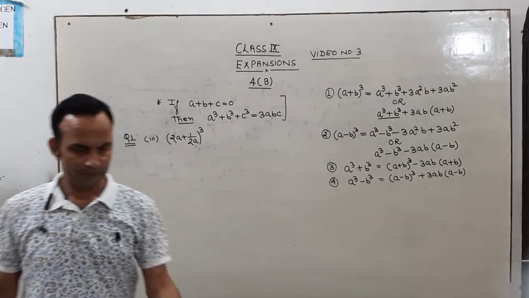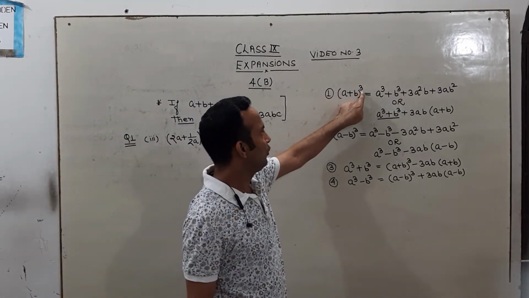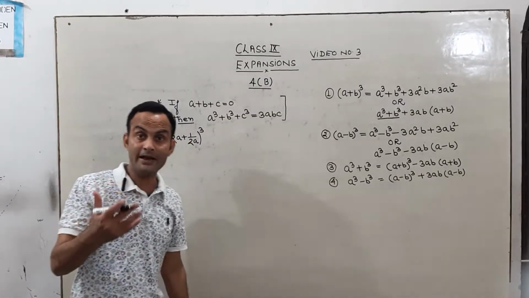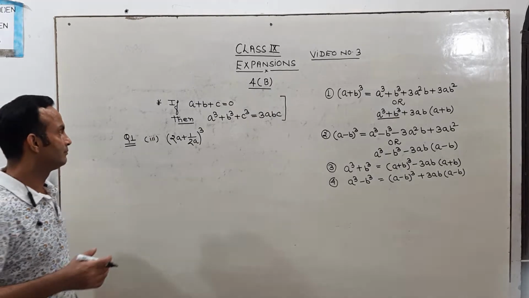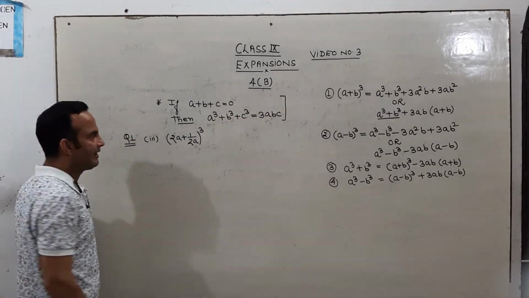Find its cube. So we know that (a + b) whole cube can be written as a cube + b cube + 3a square b + 3ab square. So with the help of this identity, we can solve this problem very easily, my dear students.